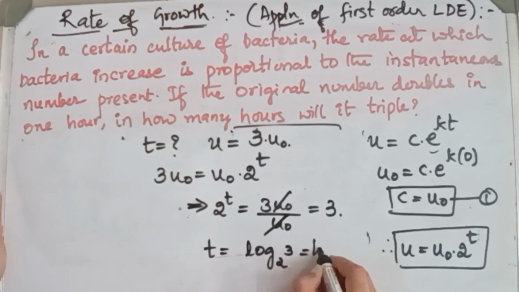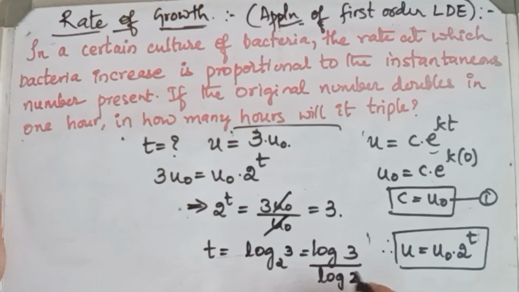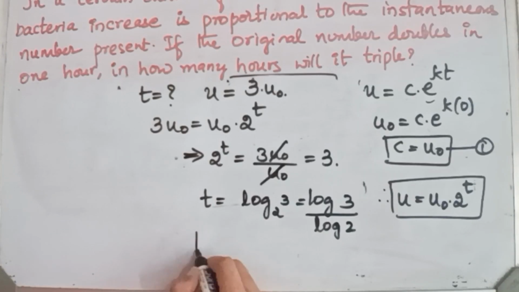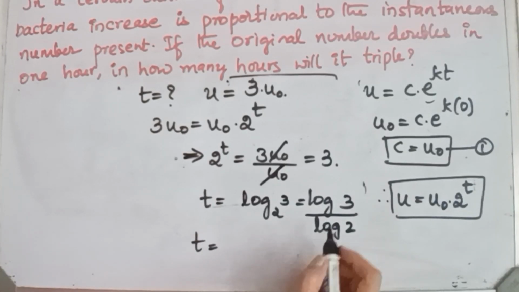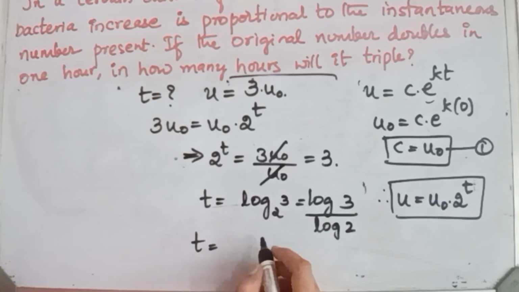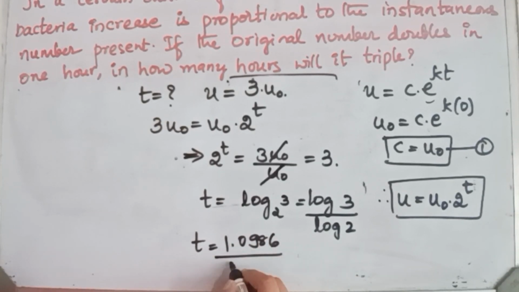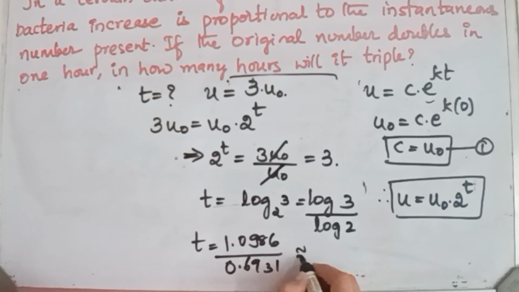This can be written as log of 3 divided by log of 2, changing the base to the natural logarithm. So log 3 to the base e, the value is 1.0986, divided by 0.6931, which is approximately equal to 1.6.